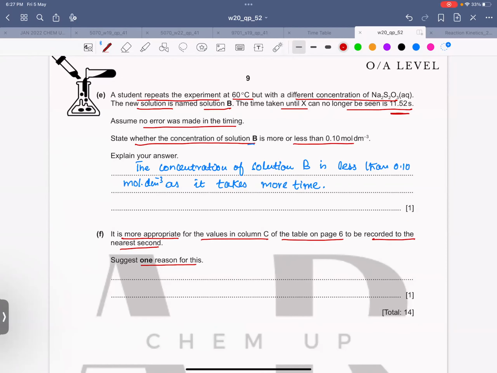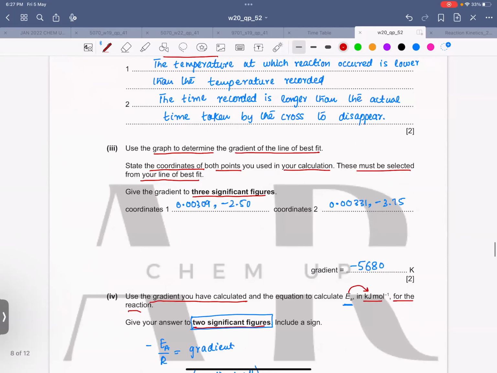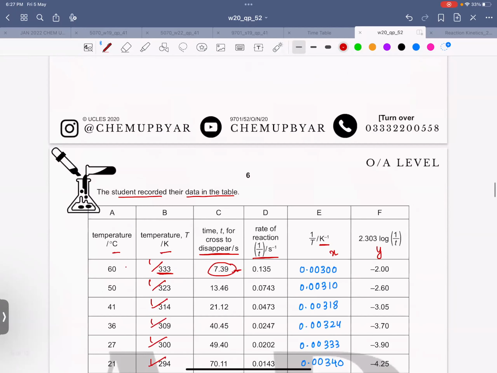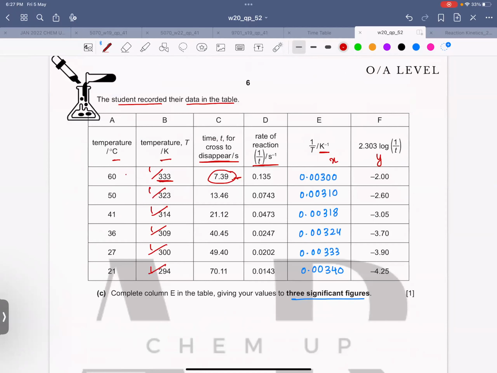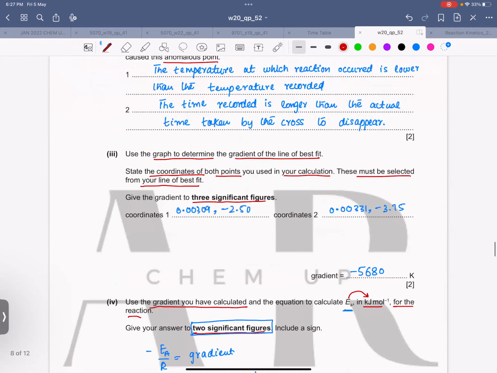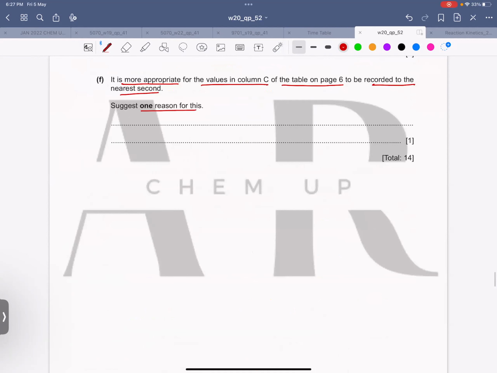Where is column C? Here we are taking it in seconds, and here they are asking why it is more appropriate for the values in column C of the table on page 6 to be recorded to the nearest second.